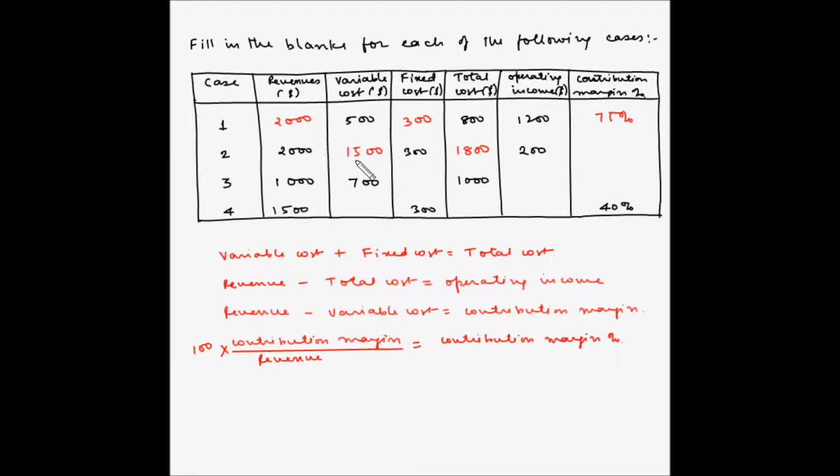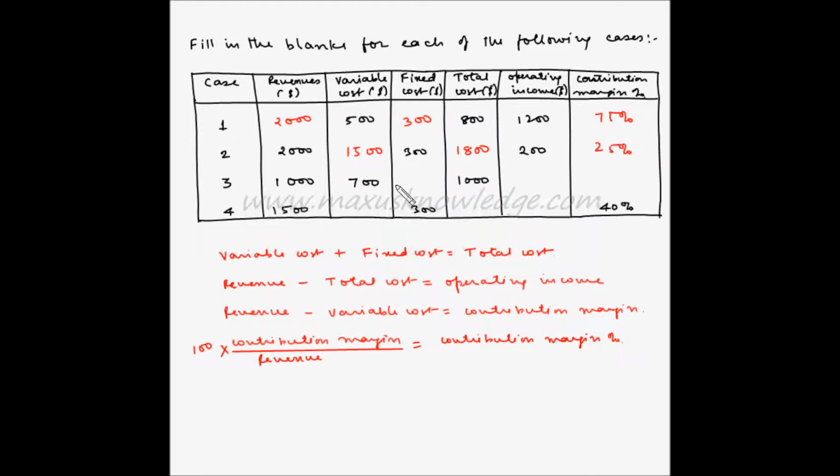So 2000 minus 1500, which is 500. And the contribution margin percentage will be the contribution margin divided by the revenue multiplied by 100. So 500 divided by 2000 is 0.25, and 0.25 multiplied by 100 is 25%.